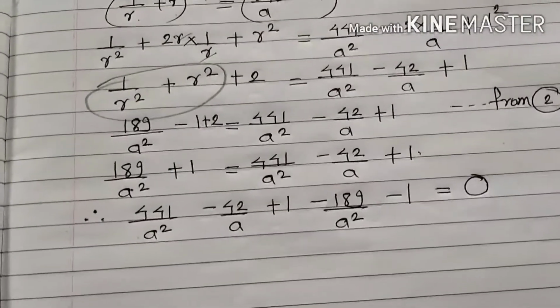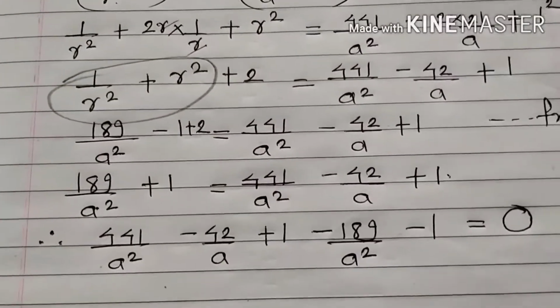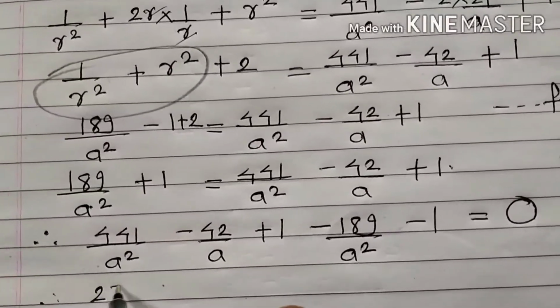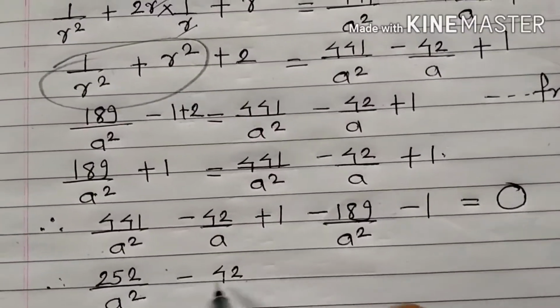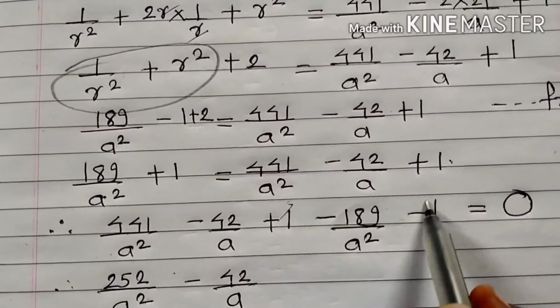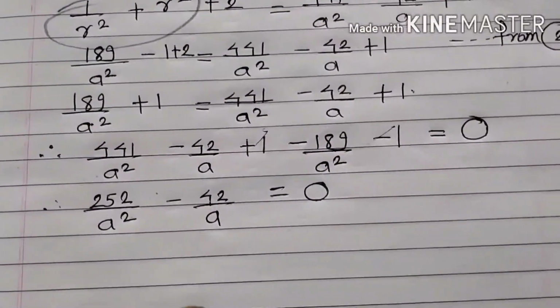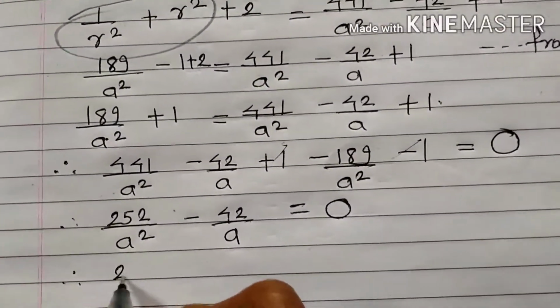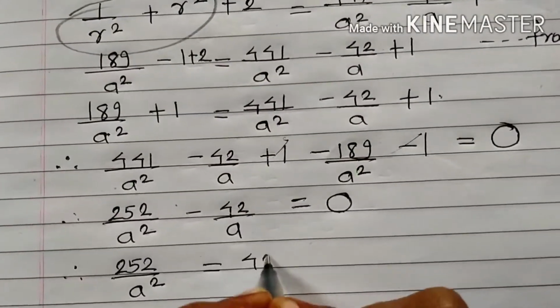Okay. Now calculate 441 minus 189. So it is 252 upon a square minus 42 upon a, and this plus 1 minus 1 gets cancelled, so we get equal to 0. Therefore 252 upon a square is equal to 42 upon a.